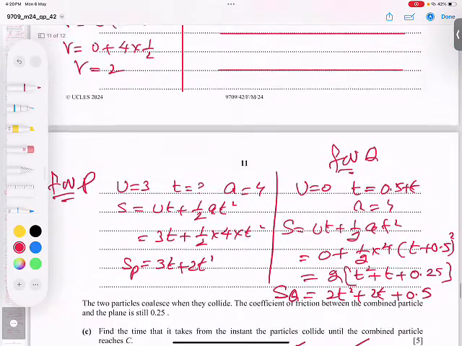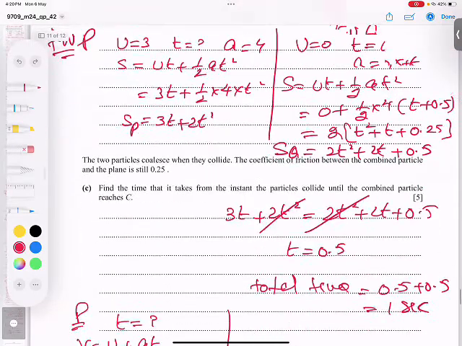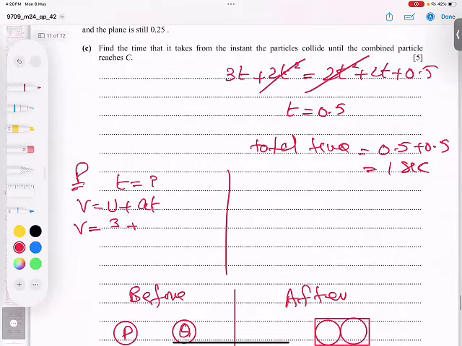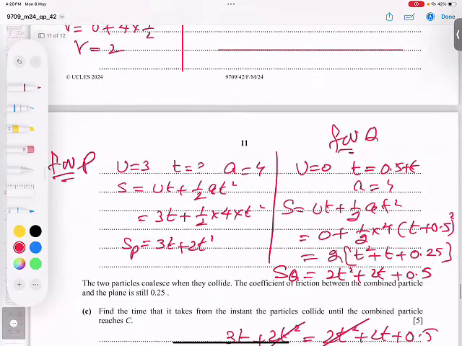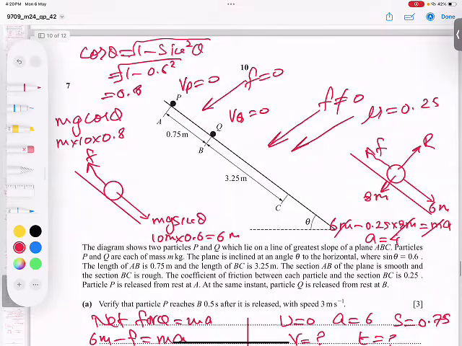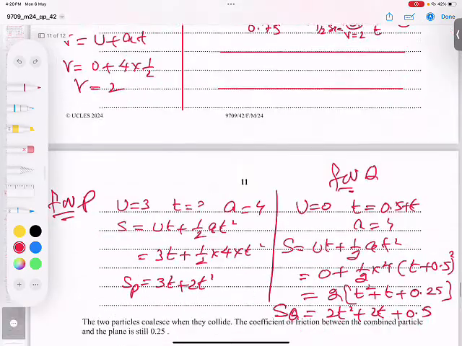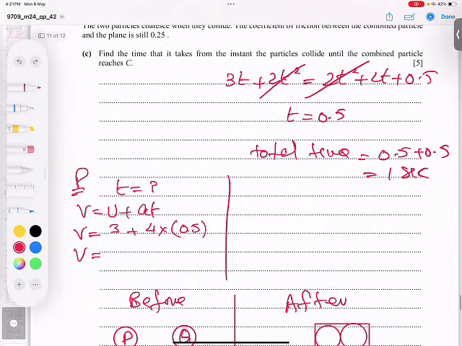Look now, the u is 3 given here, right? And acceleration is 4, as I said before, and time is 0.5. Let me check, is it 0.5 or 1? Hold on. Yes, it is traveling from there to there, so I will take 0.5. So 3 plus 4 times 0.5 gives us 5 meters per second.